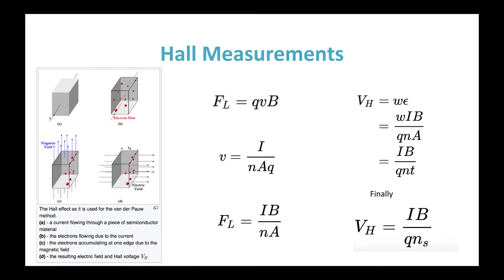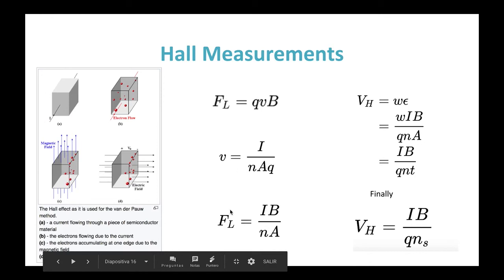If an external magnetic field is then applied perpendicular to the direction of current flow, then a resulting Lorentz force will cause the electrons to deflect and accumulate at one edge of the sample. Combining the above two equations and noting that Q is the charge on an electron results in a formula for the Lorentz force experienced by electrons.